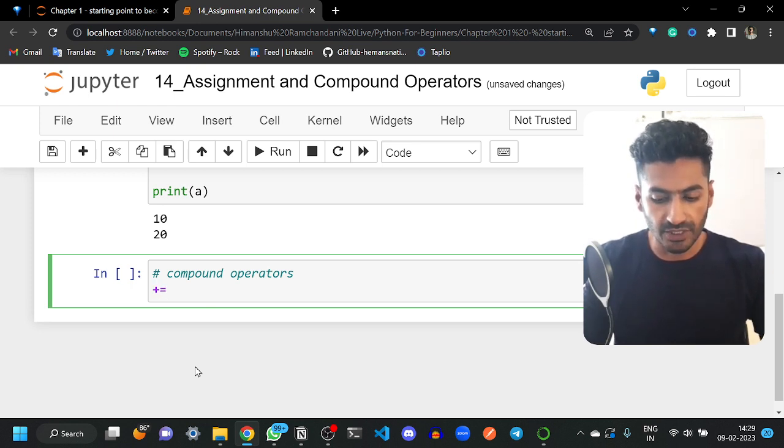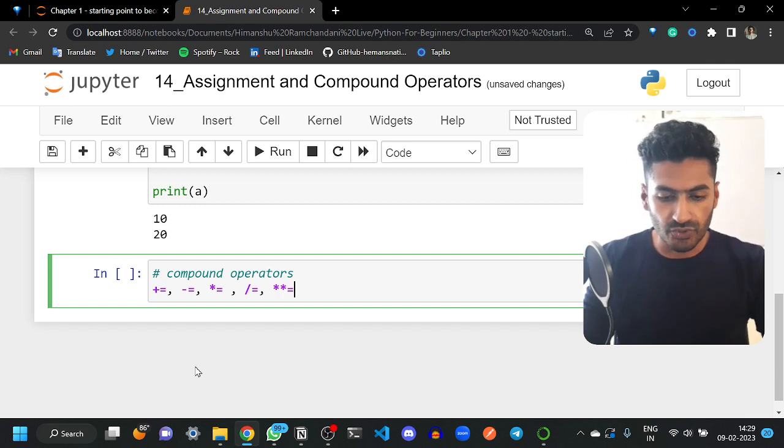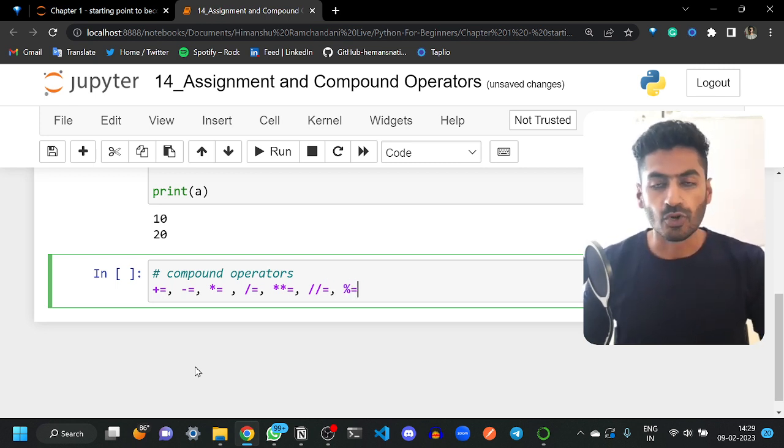They are plus equals, minus equals, multiply equals, divide equals, exponent equals, and floor equals. All the arithmetic operators can be combined with the assignment operator, and together they make compound operators, and they look like this.